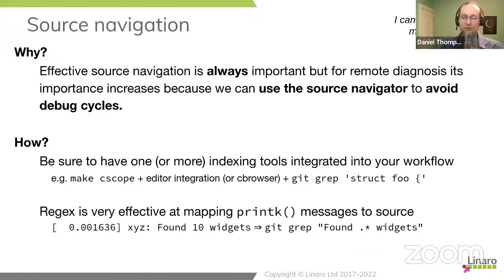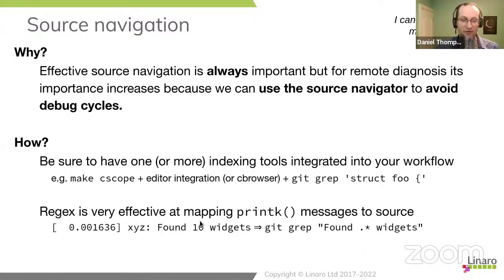I convert that when I want to search for that into a much smaller string. Obviously, I can't search for the timestamp because that differs each time. But additionally, XYZ is usually either a device name or a driver name. And in both cases, it does not appear in the source code. So it's not something we can grep for. The grep that we want to do is going to be based on just this message because it will appear in the source code.